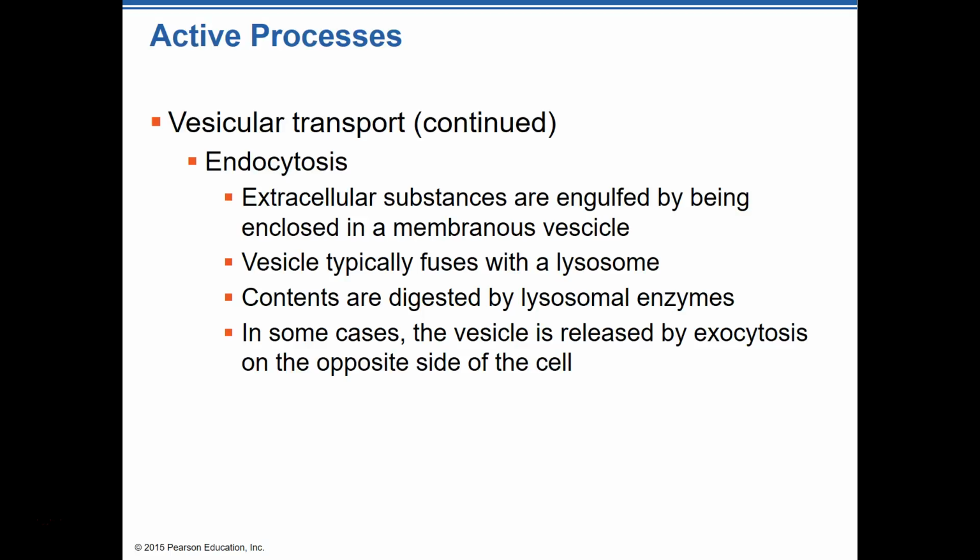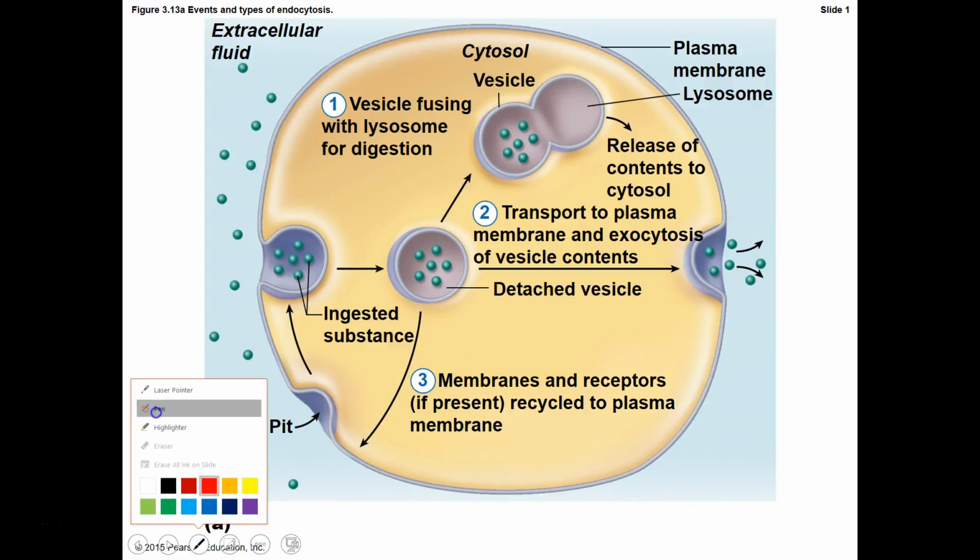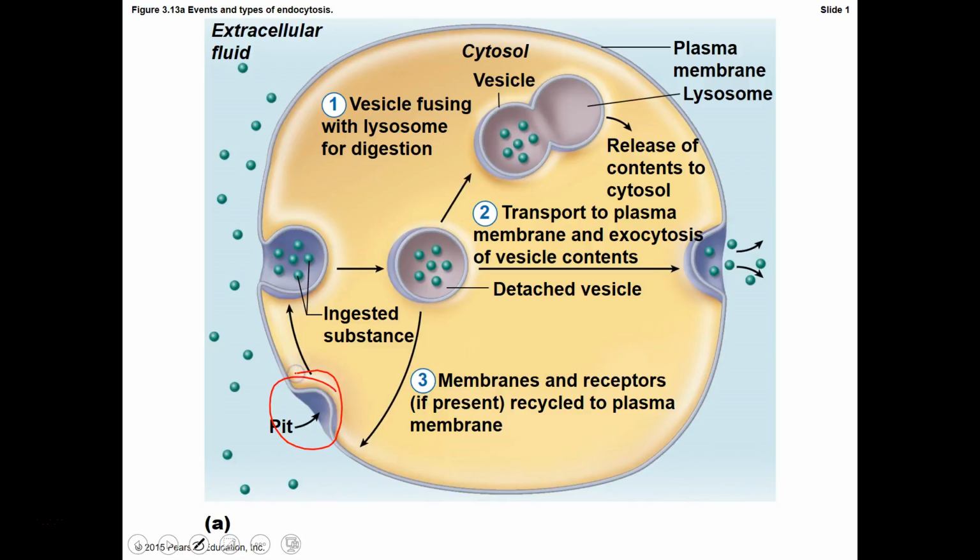It's the opposite, and this is really wordy where it's talking about this, but basically you can see here where this cell has created a little bit of a pit. It takes in these little molecules here, whatever it is, it ingests, pinches off, moves across into here.